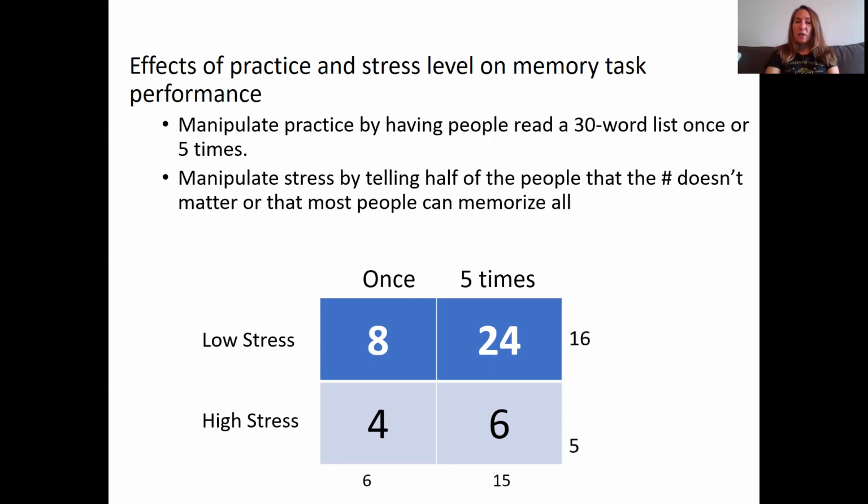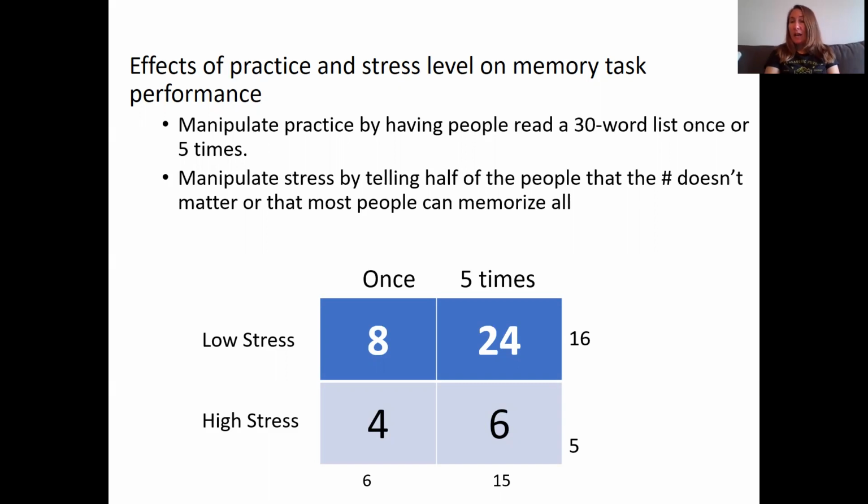So if you look at this, you can see that we do have a main effect of stress, which means that the low stress group was able to memorize more words on average than the high stress group. Then we do have a main effect of practice, which means that people who practiced more times were able to memorize more words.